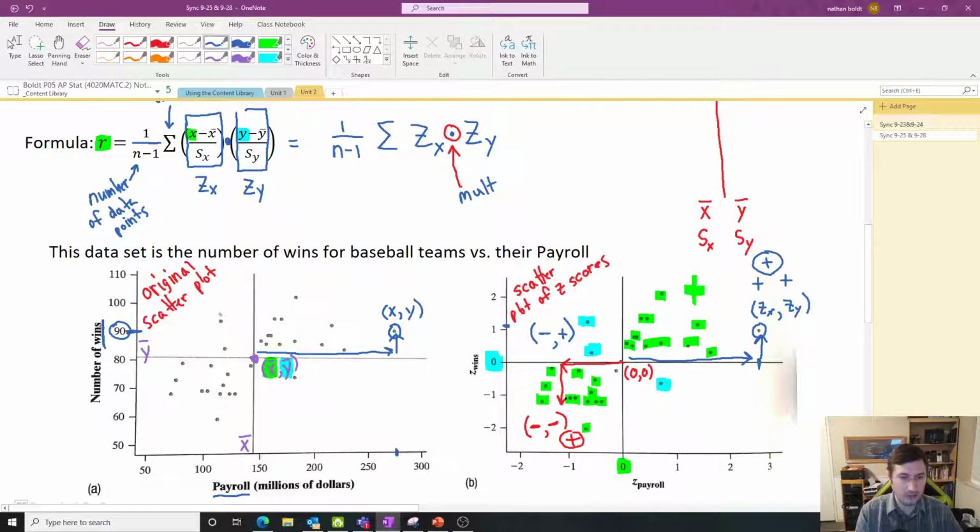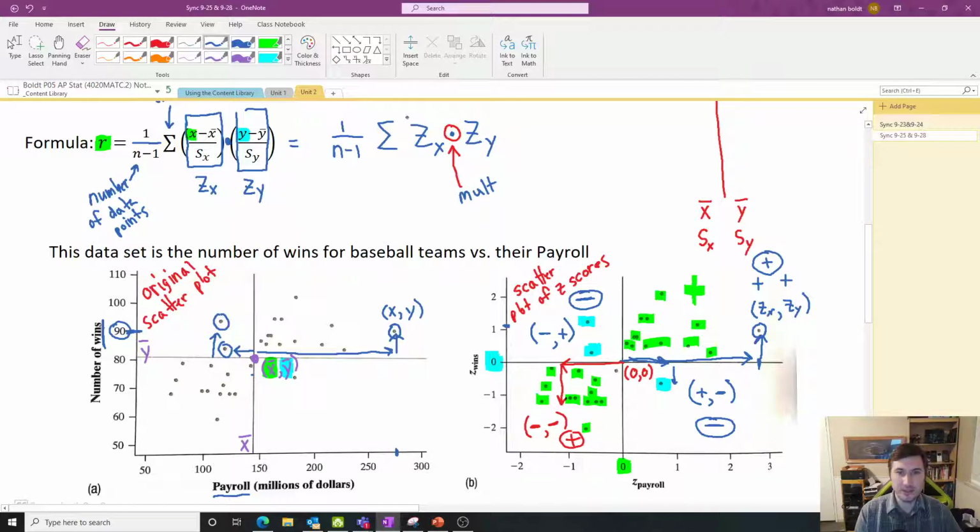All of these points over here, these two right here, are below the mean for payroll, but they are above the mean for number of wins. But a negative times a positive will yield a negative overall result. And then hopefully this one, you can see that will be a positive comma negative. It's above the mean in the x direction, but below the mean in the y direction. So all of these points will yield a negative result as well.